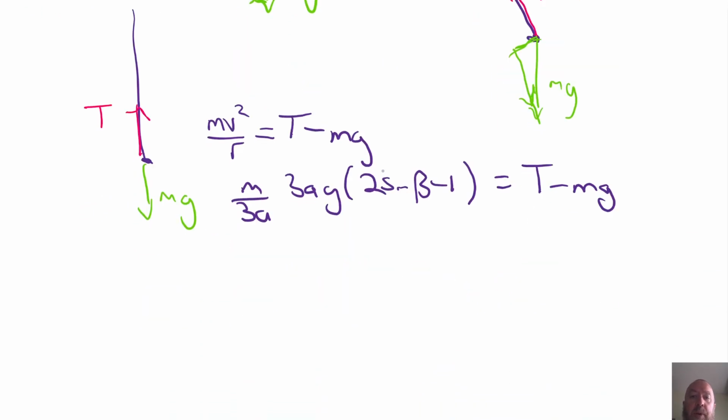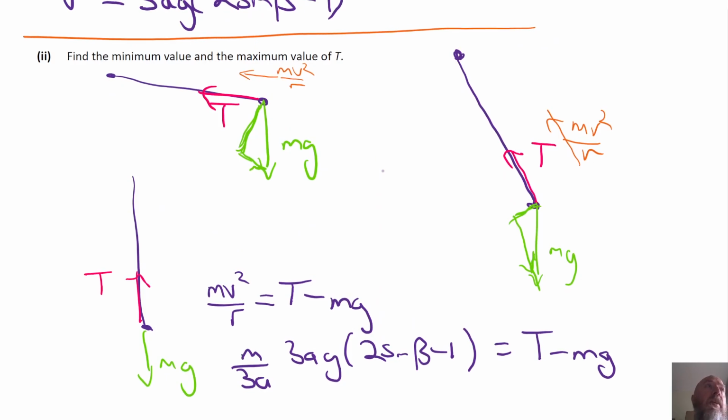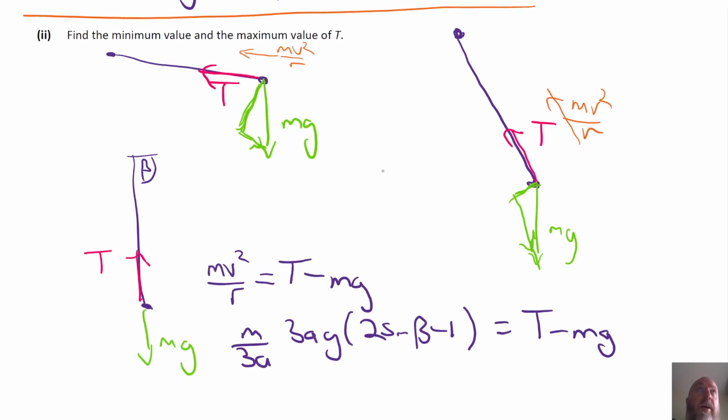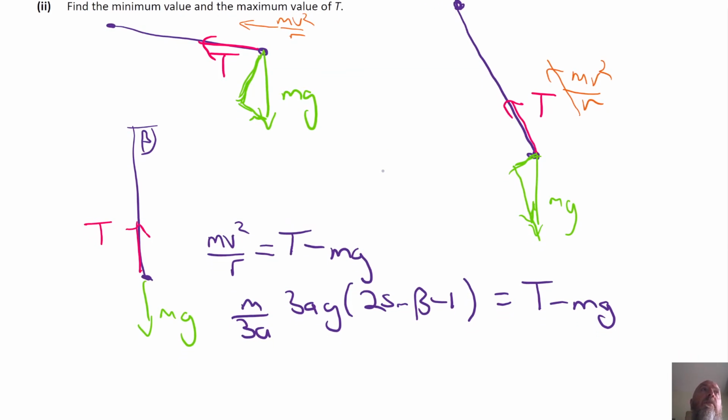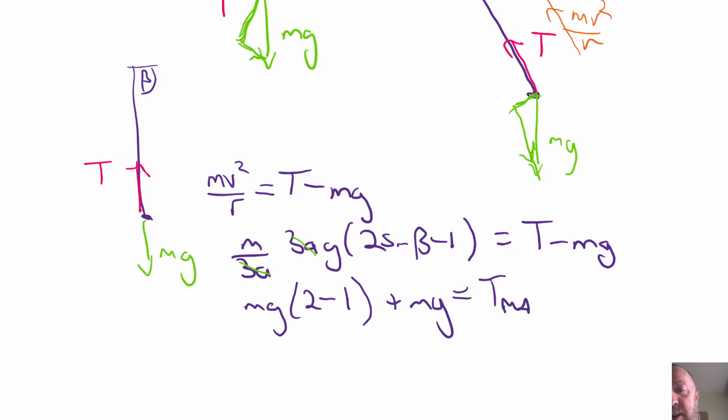We hope. But beta is 90 degrees in this case. So sine 90 is 1. You think I'd remember that. So there. We have mg by 2 minus 1 plus mg equals T max.